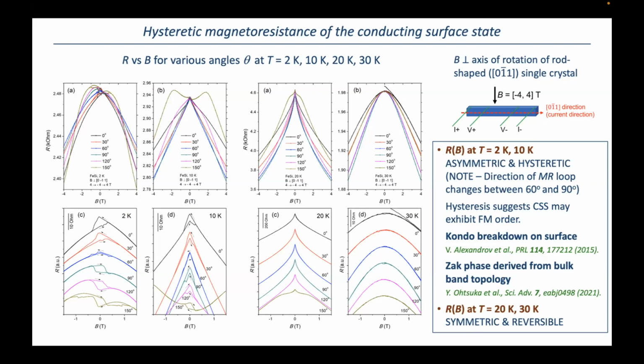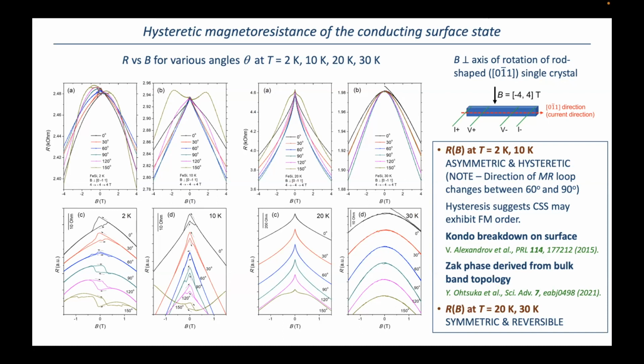Okay, so basically that same motif repeats for all four figures, and what you find for the two sets of data taken at 2 Kelvin and 10 Kelvin, that's the left-hand region, is that the curves are asymmetric. You can see that in the upper panels, and then you see this very interesting hysteresis that is observed in these regions here.